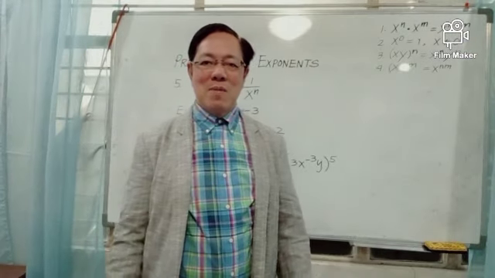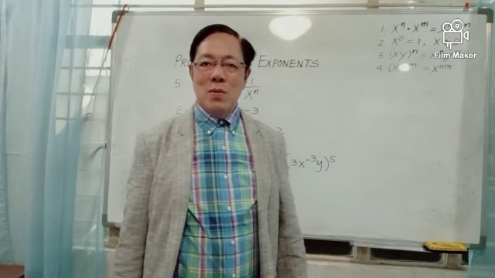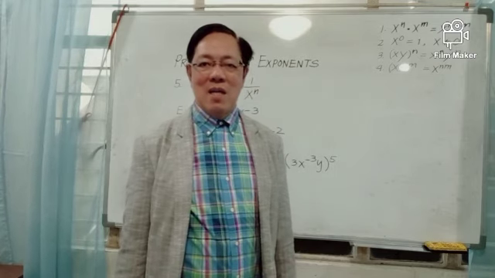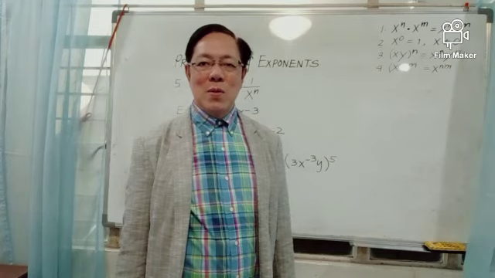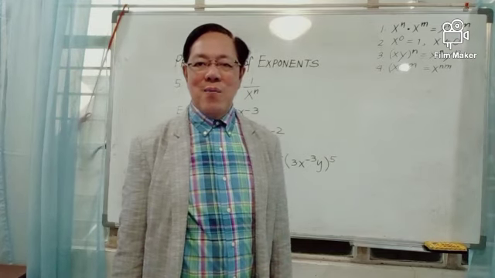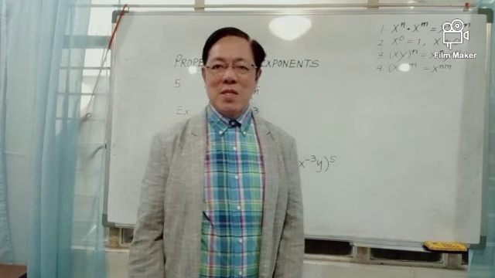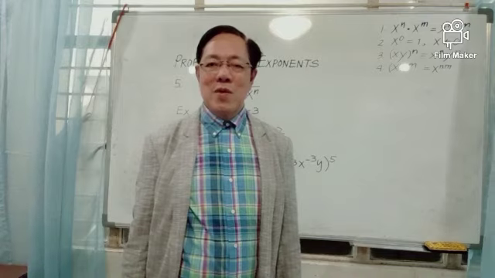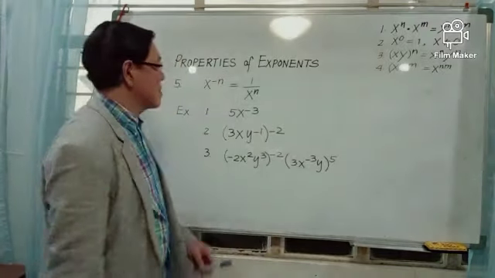In many problems in mathematics, we would like to remove negative exponents from the final answer. Most answers look better if we do not have negative exponents in the final answer. And the next property of exponent can be very useful in removing negative exponents from the final answer.